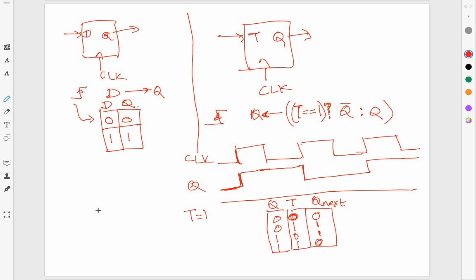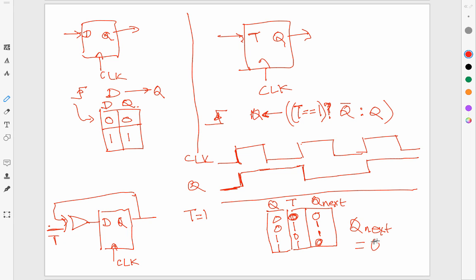So this can be implemented as, hopefully it may be obvious, Q next equals Q XOR T. If T is high, Q toggles.